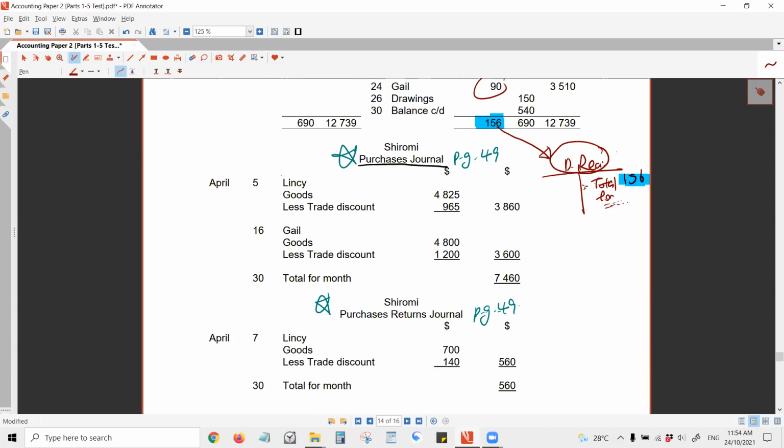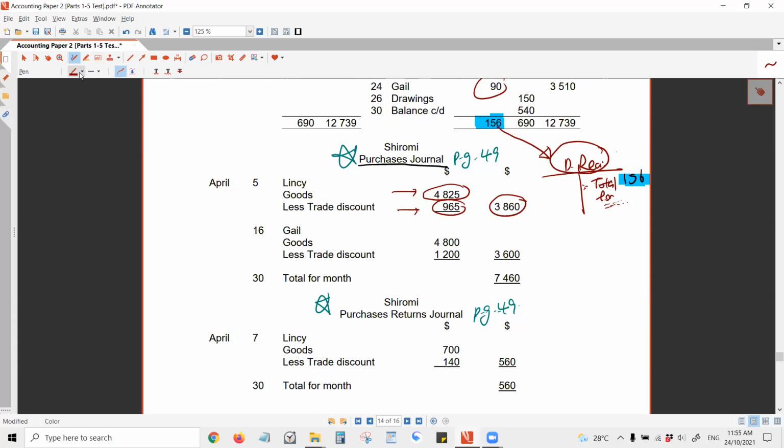So purchases journal. This is the amount before trade discount, 4825. This is the amount of trade discount, 965. And then 3860 is the amount after trade discount, after minusing trade discount.